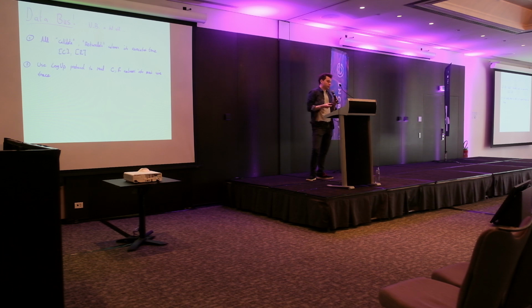The idea here is that in our execution trace, we add these columns that we call call data and return data. The idea is that you can pass information between successive steps of your IVC trace. And we use the lookup protocol to basically transfer information from these two columns into the rest of the execution trace.